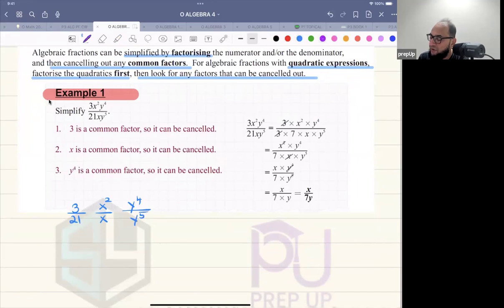So when we do the simplification, x square over x, we are left with x. y4 is at the top, y5 is at the bottom, so y4 will cancel out and we are left with y power 1. 3 ones are 3, 3 sevens are 21, so this is 1 over 7. This is x over y, and that is the answer. Simple example.